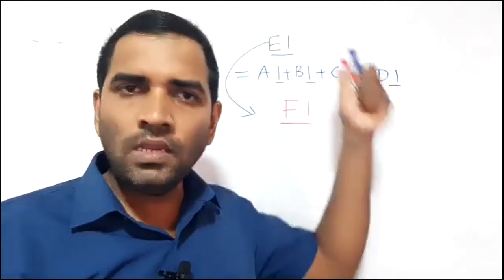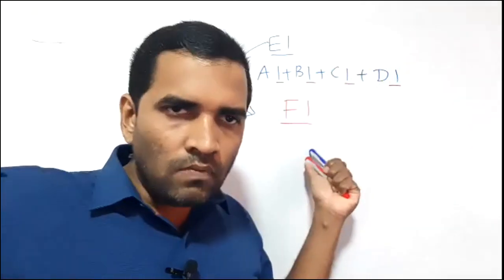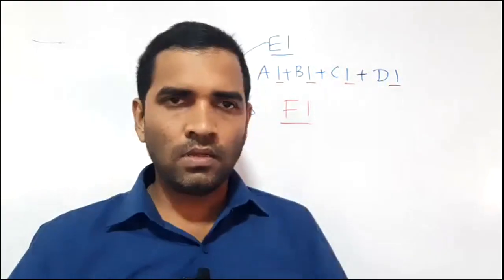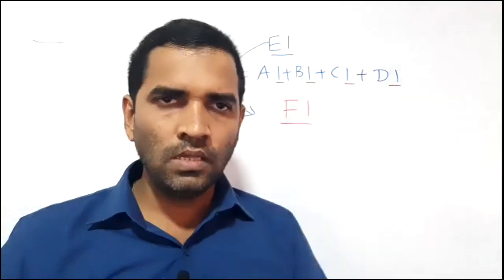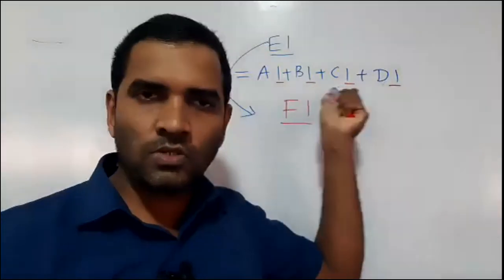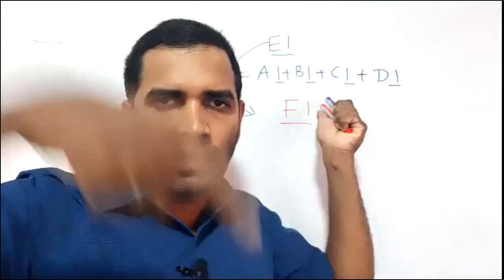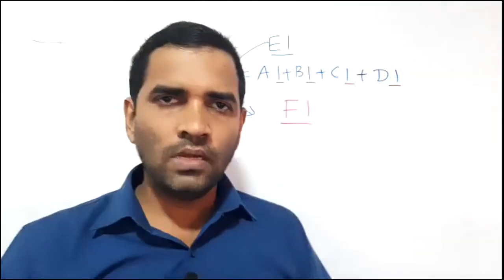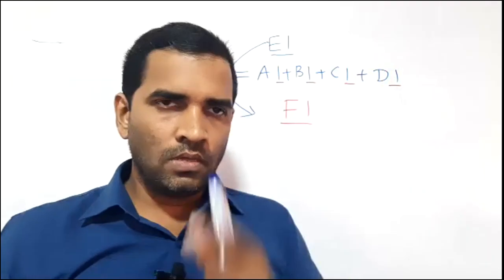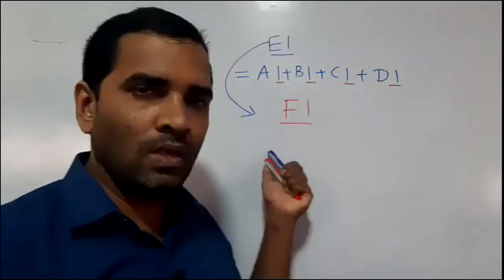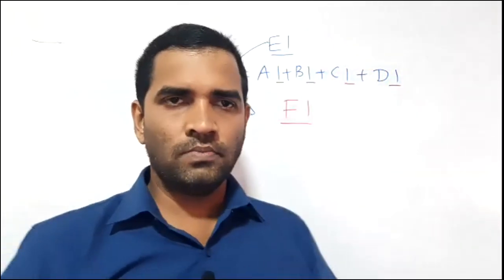At the moment we are in E1, and we will move to F1 after some time. Whenever we move from one cell to another cell, the formula will be changed, right? Can anyone tell me the formula which is displayed in F1? What is in F1?